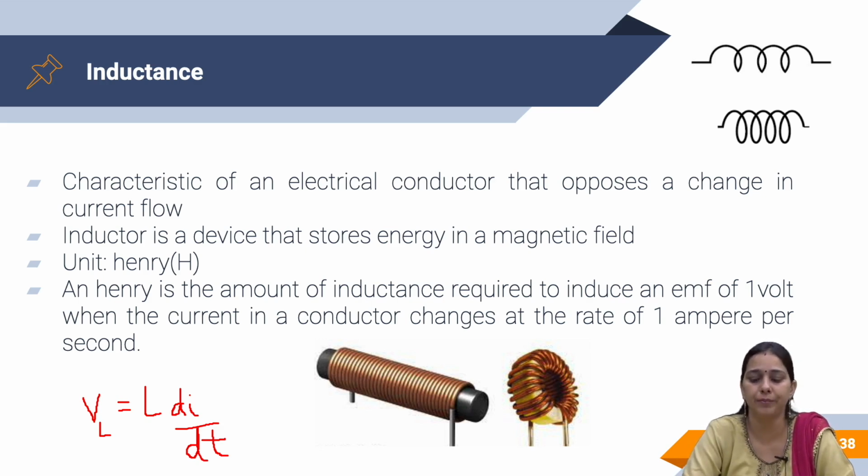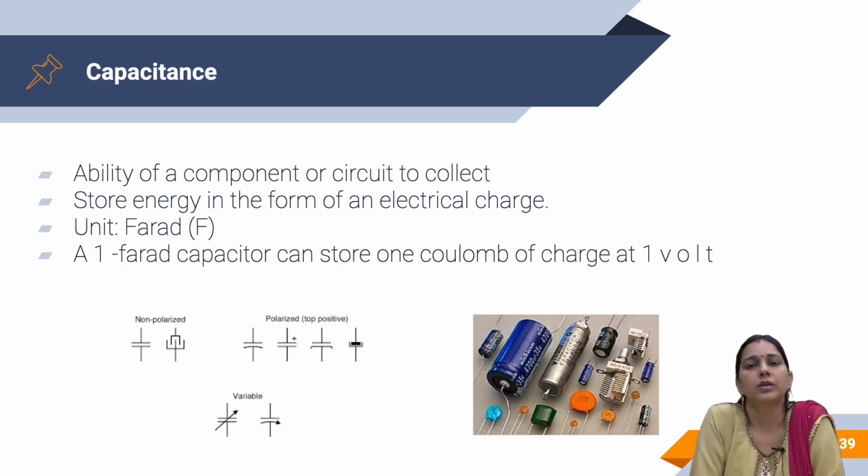Next is the capacitance. Capacitance is also a property of a material, but it is the capacity to store energy in the form of electrical charge. Both elements, capacitance as well as inductance, are energy storing elements, and the unit of capacitance is the farad. A farad can store 1 coulomb of charge at 1 volt.